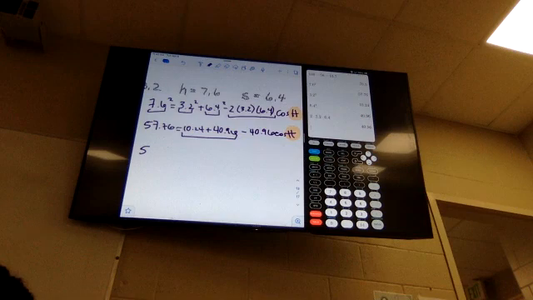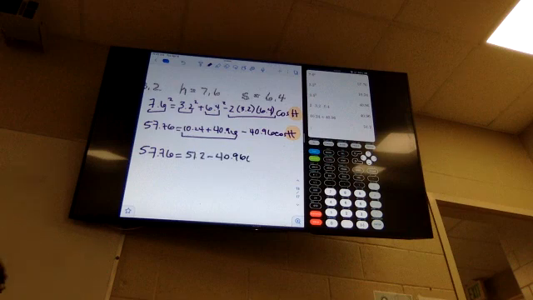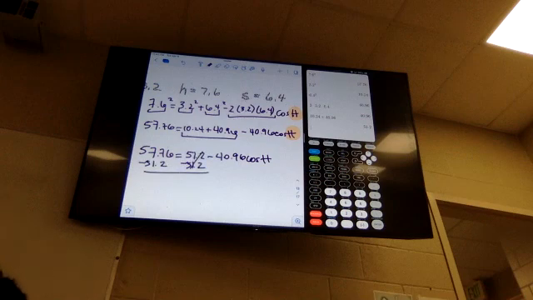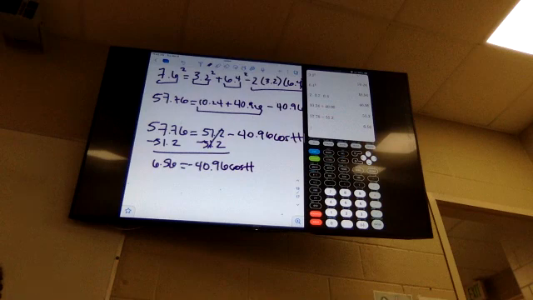Okay, tell me if we're not listening or just no questions. So 10.24 plus 40.96 is 51.2 minus 40.96 cos h. Again, you cannot combine 51.2 and 40.96. I'm going to minus my 51.2 from both sides. And then I'm going to divide by negative 40.96 from both sides.